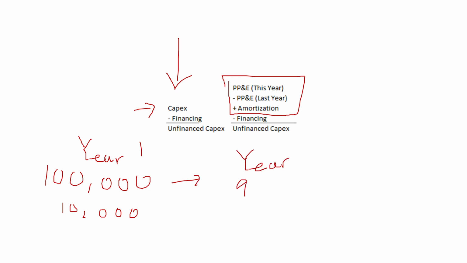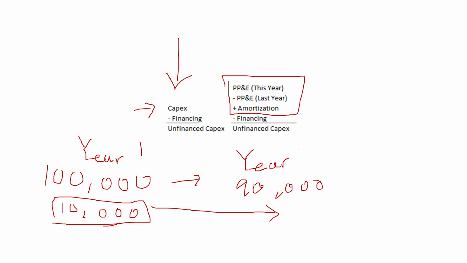It would be 90,000, right? Because you just lost $10,000 from amortization. That amortization expense is an expense item that's going to be written on the income statement, showing on year two. So the year two income statement will have the $10,000 amortization expense.